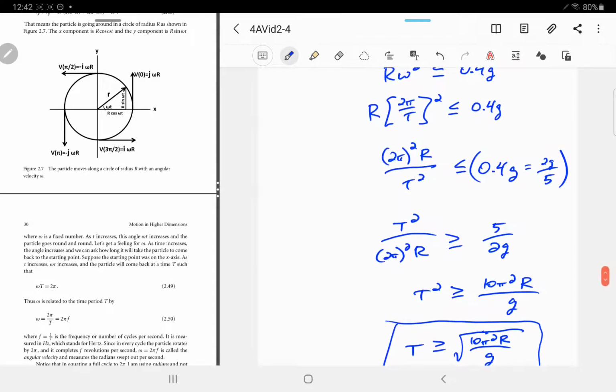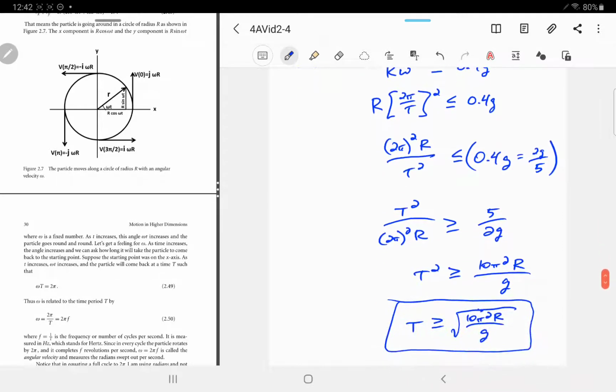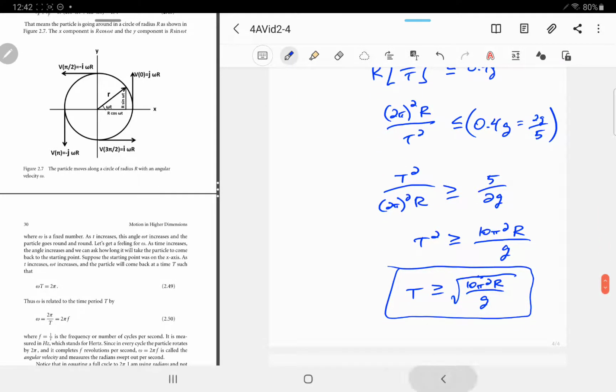So remember what the inequality is representing. It's saying that the bug doesn't slip as long as this is true. So this is bug doesn't slip if this is true. So the period has to be big in order for the bug to not slip. We can keep decreasing the period, capital T. So that means speeding up the turntable, right?